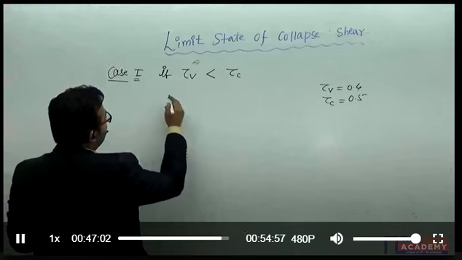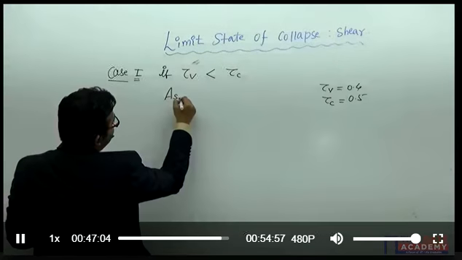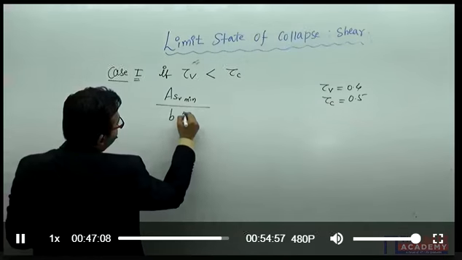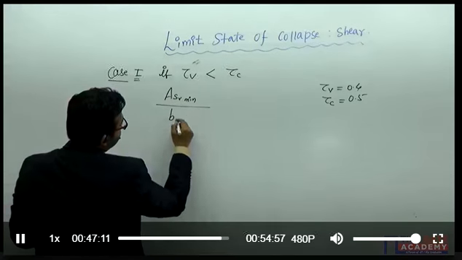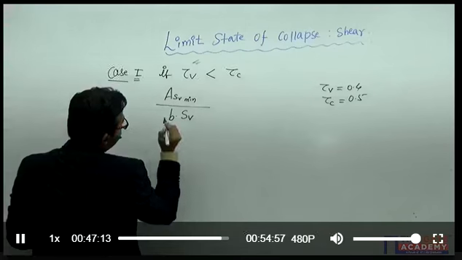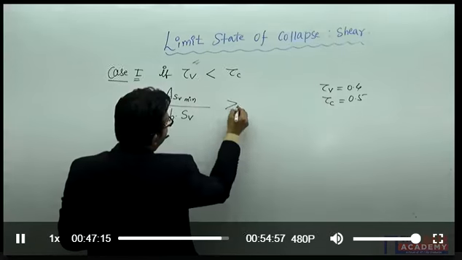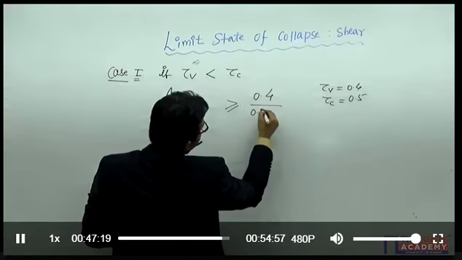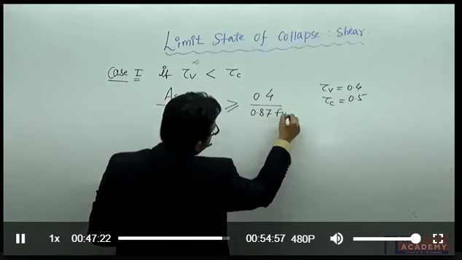And the minimum shear reinforcement is ASV minimum divided by B SV shall be greater than or equal to 0.4 divided by 0.87 Fy.